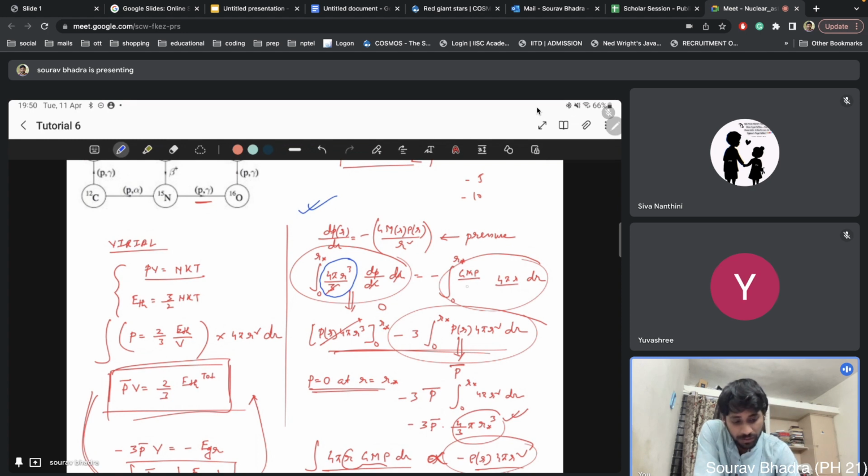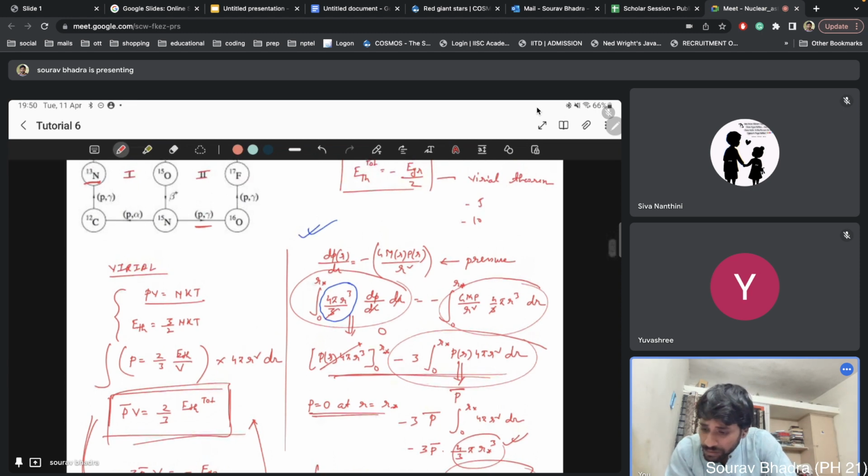Actually it was G M rho by r square times 4/3 pi r cube, and this 3 cancelled out that 3 in the left hand side, and I think now it is correct. Still I will check again whether there is anything wrong.